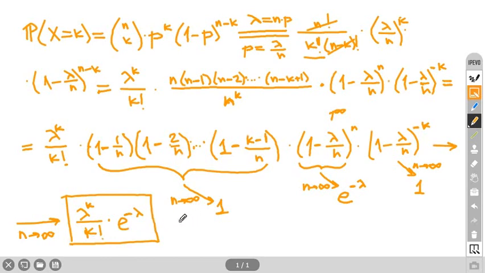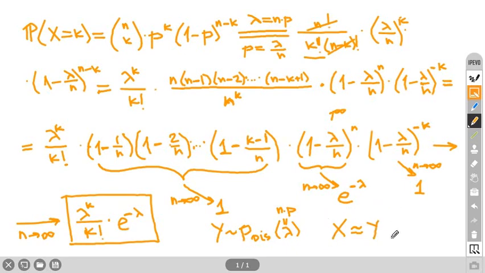So we are getting the binomial probabilities. If y is a random variable with Poisson distribution with parameter lambda, which is n times p, then we can write something like x is close to y.